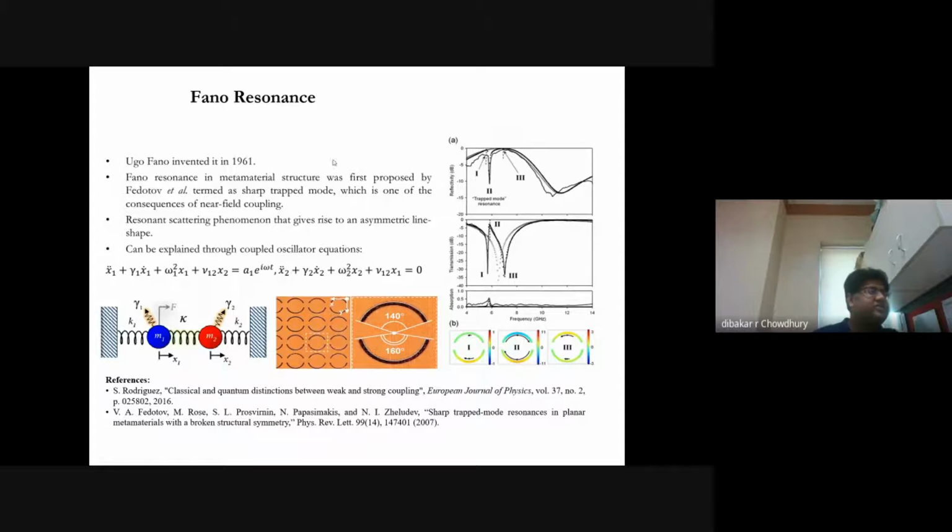This kind of situation can be explained or modeled using coupled oscillator theory.